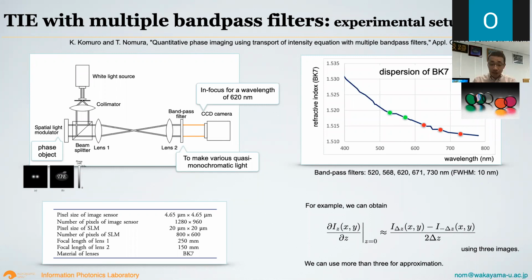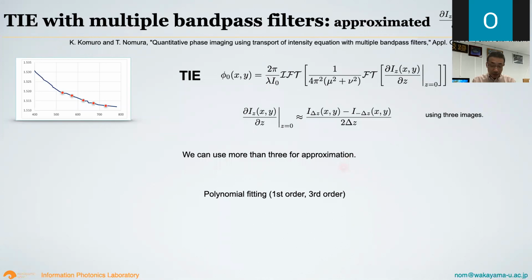Anyway, I will show you the experimental details. So we can use more than three for approximation. Number 1, 2, 3, 4, 5. And also we try to use polynomial fitting, first order and third order, using 5 measured data.